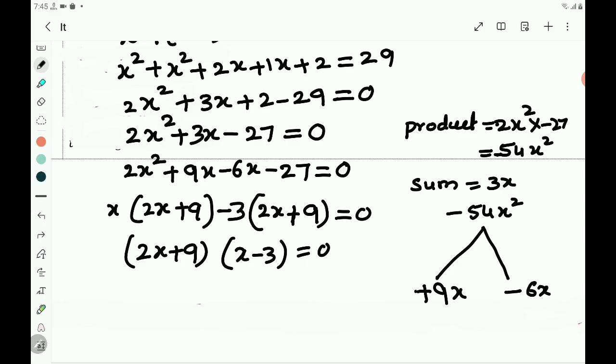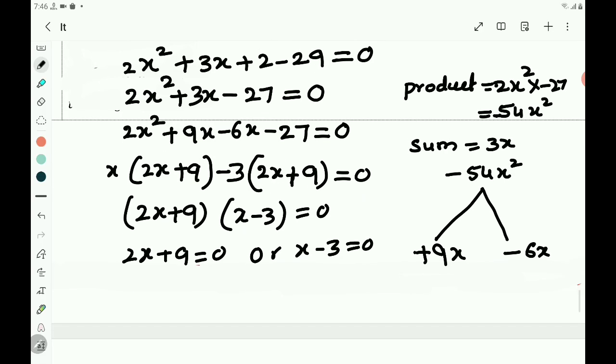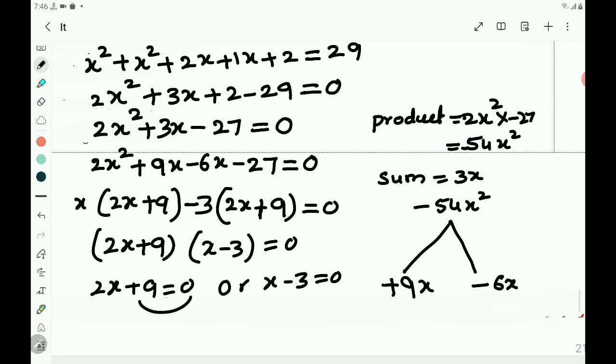Equate each factor to 0. 2x plus 9 equals 0, or x minus 3 equals 0. Then transfer this 9 to the RHS, it becomes 2x equals minus 9, or x equals 3.